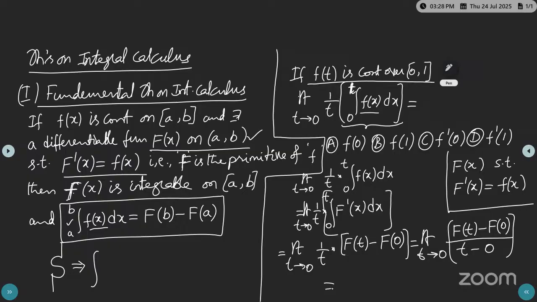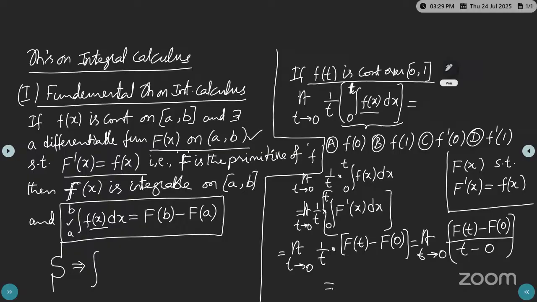This is equal to... now you tell me. I think somewhere around 200 to 300 years back, I wrote this formula on the board. Recollect it. When did I write it?